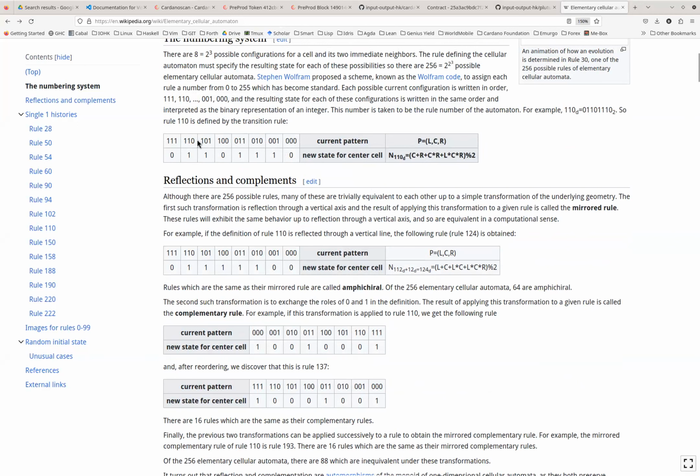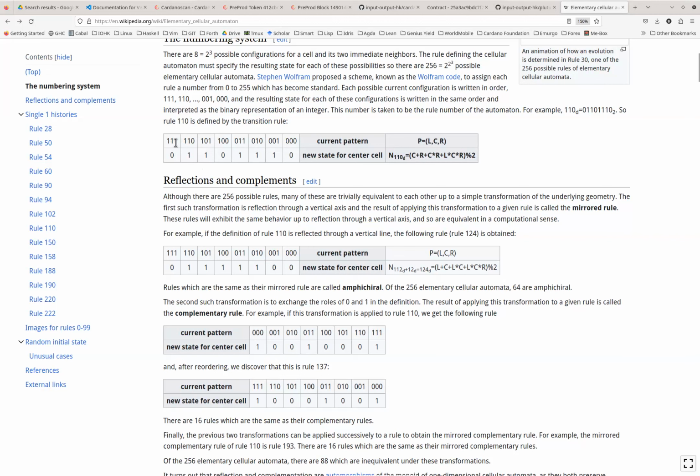These are the possibilities: it's always left, center, right, and there are 8 possibilities. For each of those you can say what happens, so it's 8 bits. A one-dimensional cellular automaton is completely determined by filling out this table.